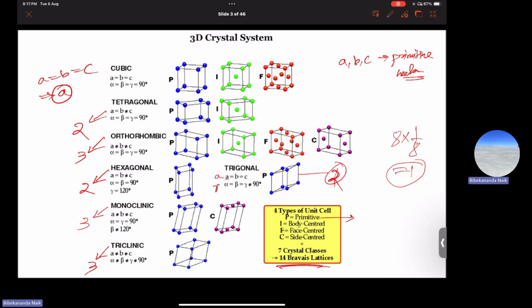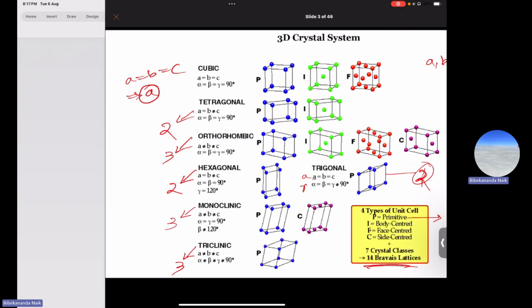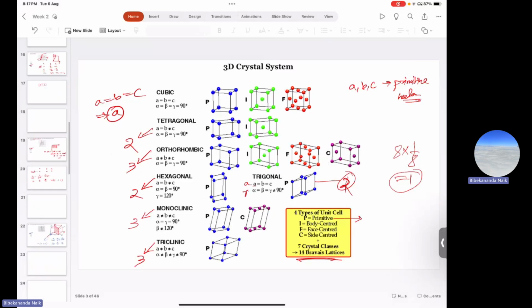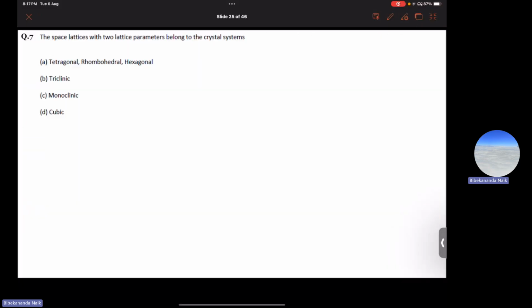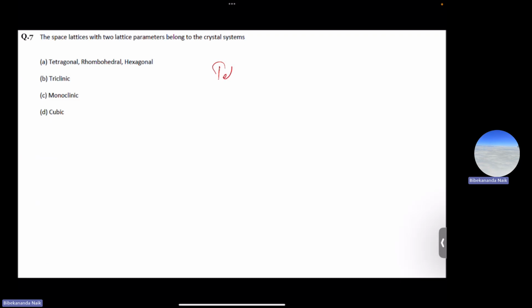So if we go to the question, in case of tetragonal, a equals b not equal to c, and alpha equals beta equals gamma equals 90 degrees. So here are two lattice parameters, a and c.